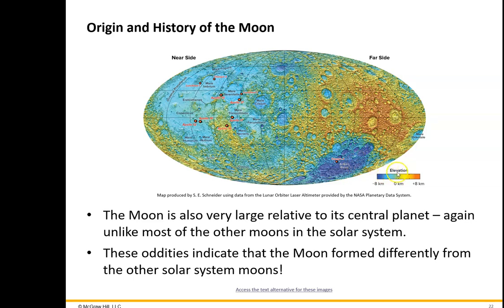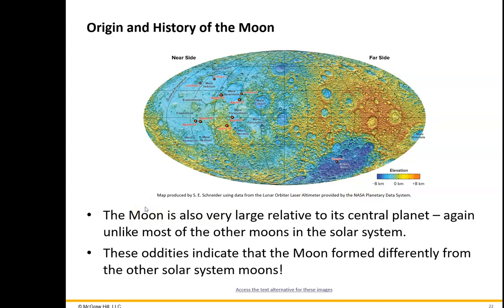This is the average height of the moon, if you will, and then you have kind of an extreme. These dark blue areas would be valleys in the moon, and the deeper red would be 8 kilometers above the average height of the moon. Blue is 8 kilometers below.